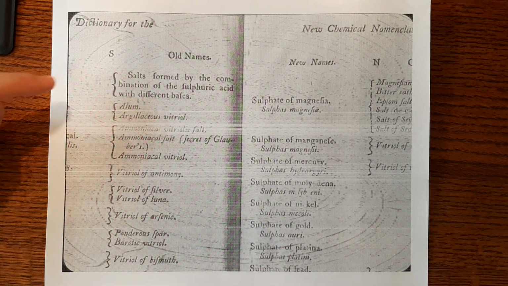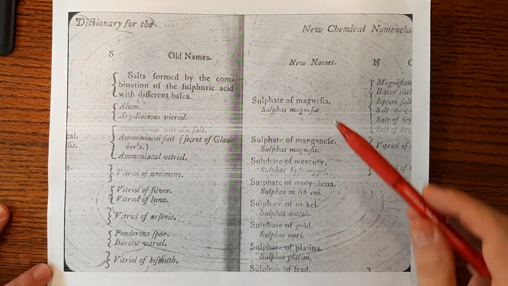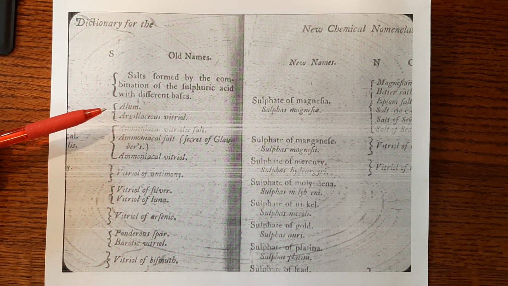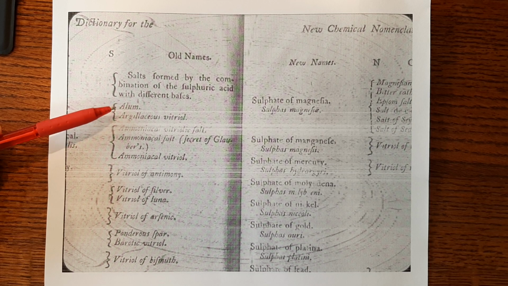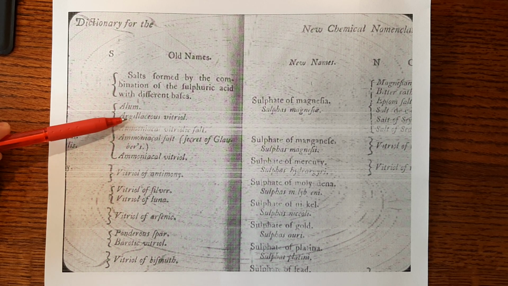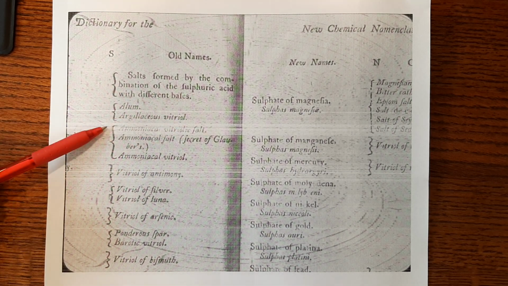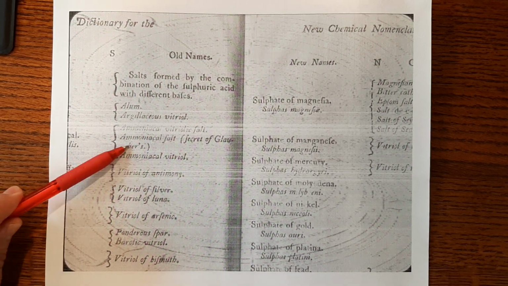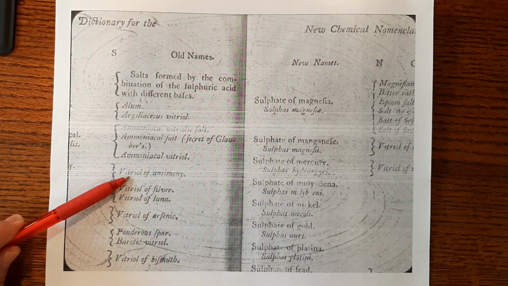These are all things that have the polyatomic ion sulfate in them, and these were the names they were calling them. I can't even hardly read these because they're such ancient names. Alum, argillaceous vitriol, ammoniacal vitriol salt, secret of Glauber's, ammoniacal vitriol, vitriol of antimony.